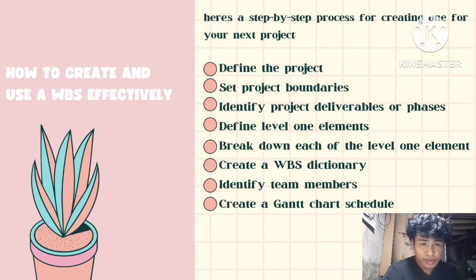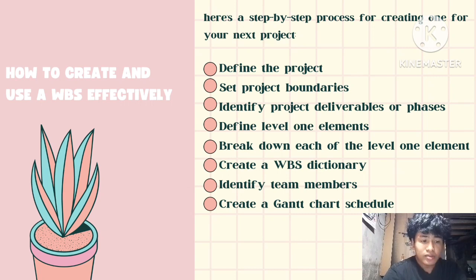So, here is the step-by-step process for creating one for your next project. First is define the project. Define the project clearly, articulating the objective, scope, and requirements of the project. Set project boundaries.